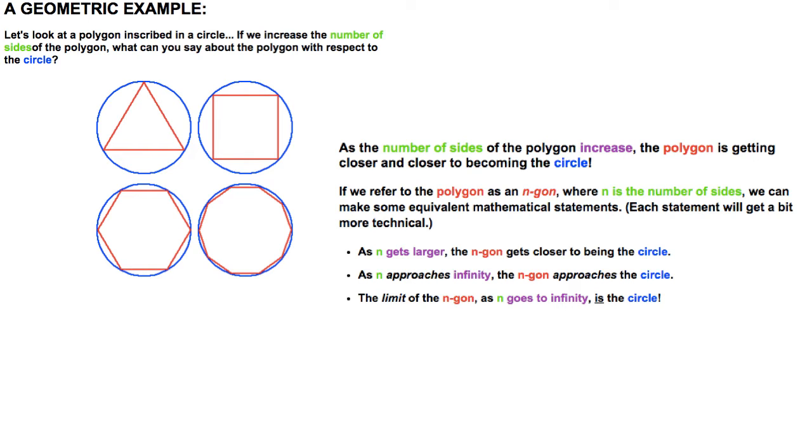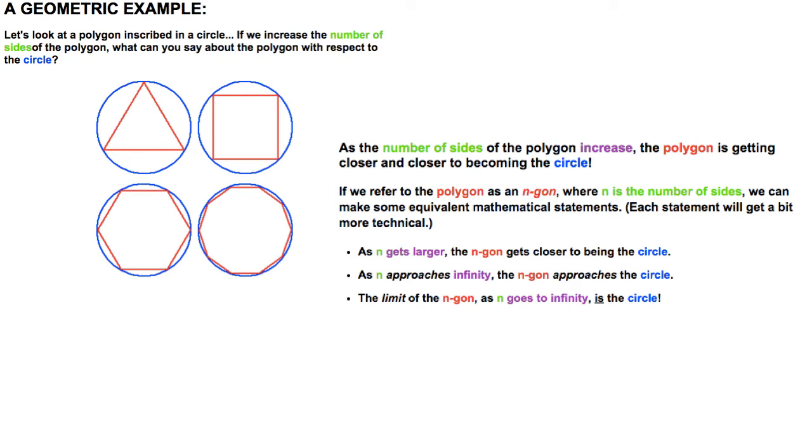This is the vocabulary that we're going to be practicing. So the limit of something. As I increase the number of sides in the polygon, as the number of sides goes to infinity, the limit of this shape is a circle.